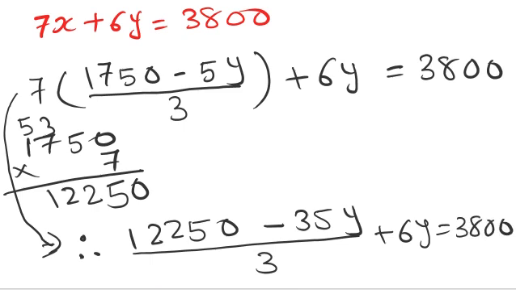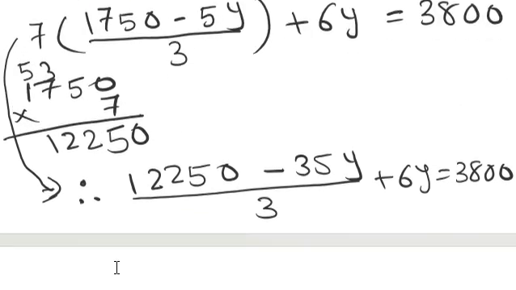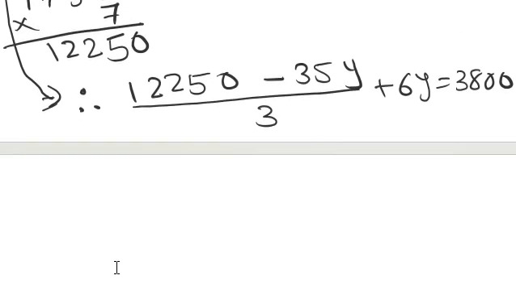Okay. Now solving this equation, what do we have? We have a 3 in the division, so we have to take the LCM. Here we have 1. LCM of 1 and 3 is 3. So we multiply 3 with 1 and 1 with 3.